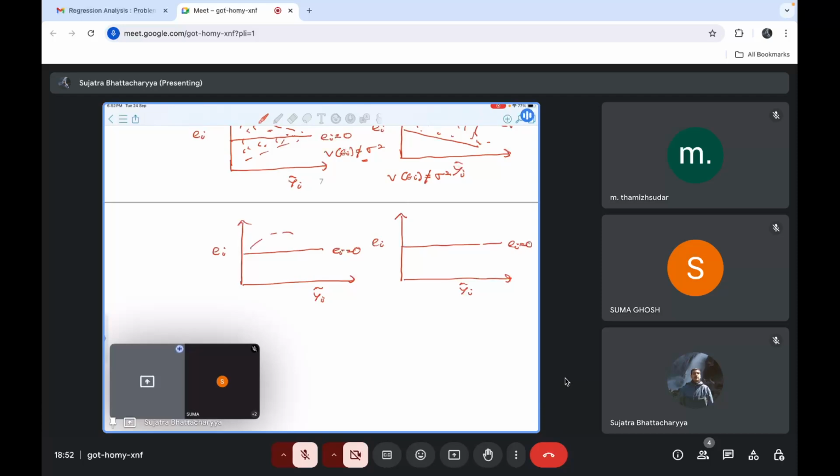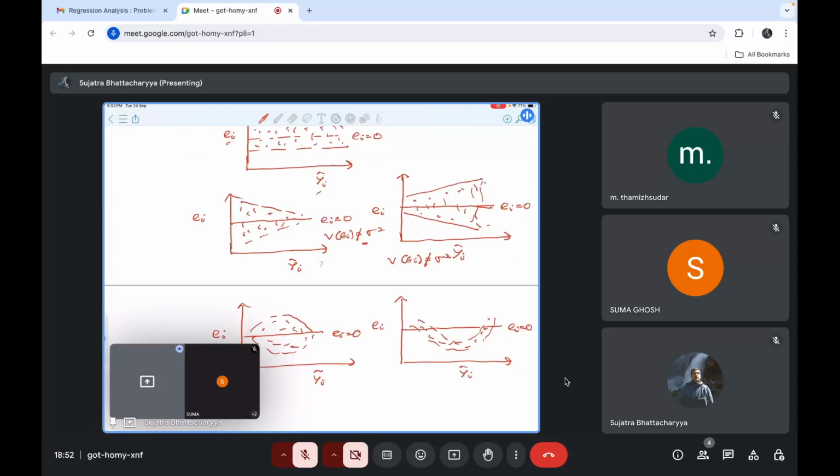In one case, it's a double bow structure where y is in proportion between 0 and 1. We have seen it. Another is the curved band structure, which is the presence of nonlinearity. So in all the last four cases, we have found that the variance of epsilon is not equal to sigma square, which means the basic assumption is getting violated.